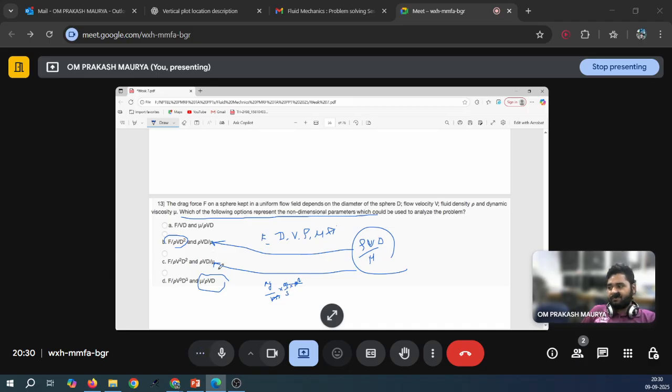No. Go with this force: rho is kg per meter cube, velocity square is meter square per second square, into d square, meter square. So meter cube and meter square, one meter cancels out, only meter will remain here, and second square.